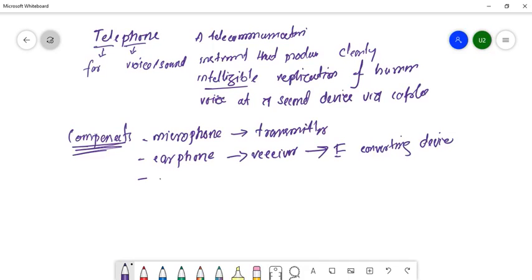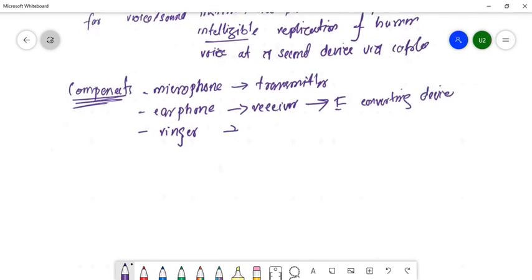It has a ringer, okay, and the ringer is for an incoming call. It has another component, and that is the dial pad, or it can be keypad, to enter a number, right? These are the main components of telephone.